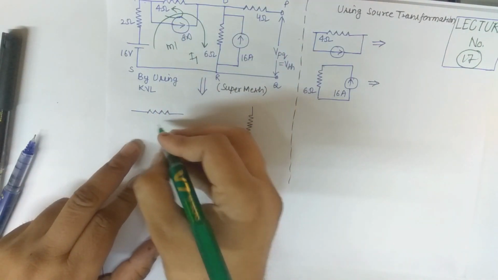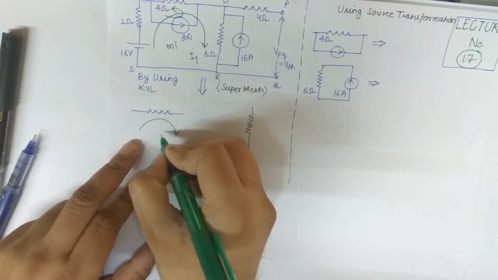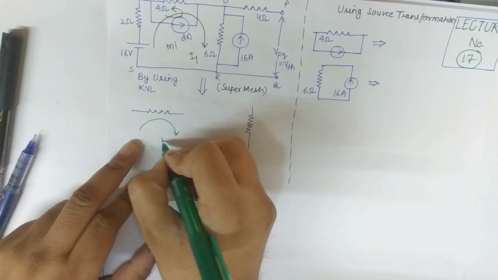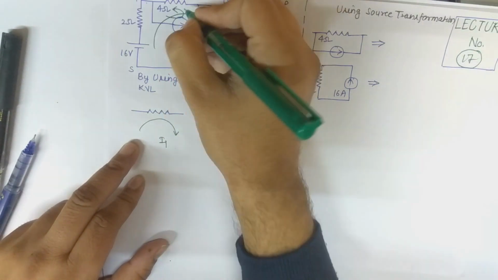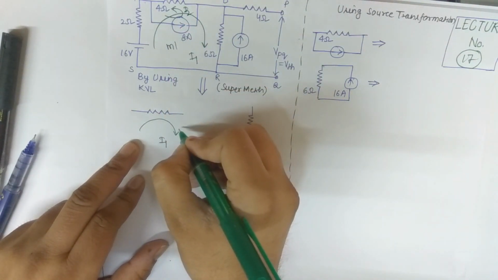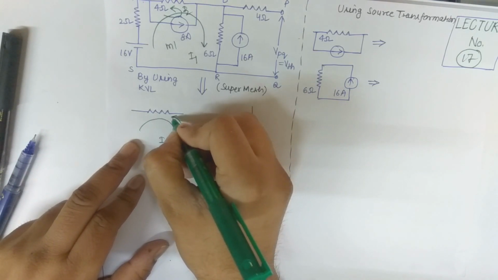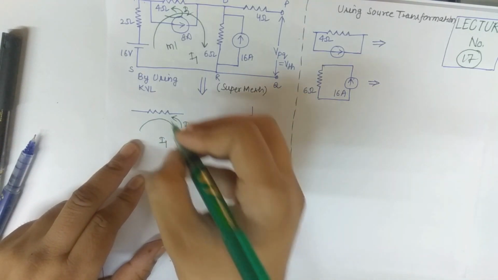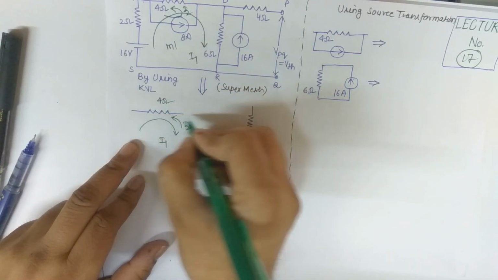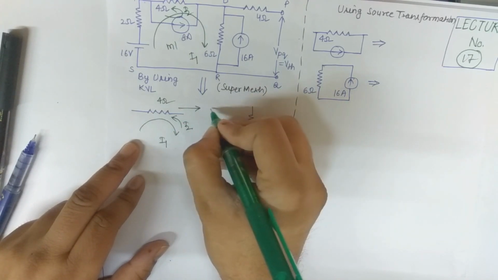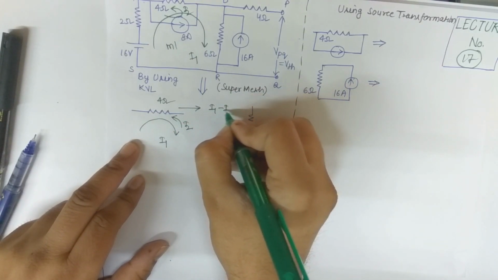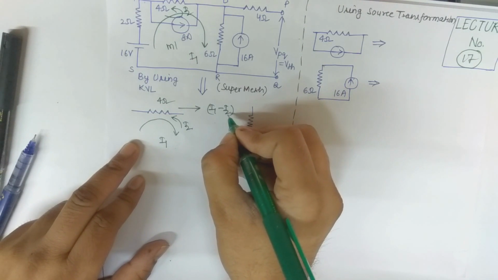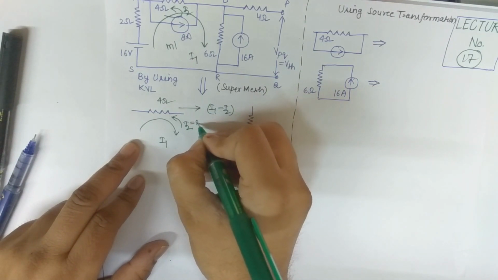So now consider this. This is our main circuit current I1, and let us say this is I2. So it flowing from this side I2. So the net value of this current in this direction is I1 minus I2. And what will be the value of I2? Is 8 ampere.